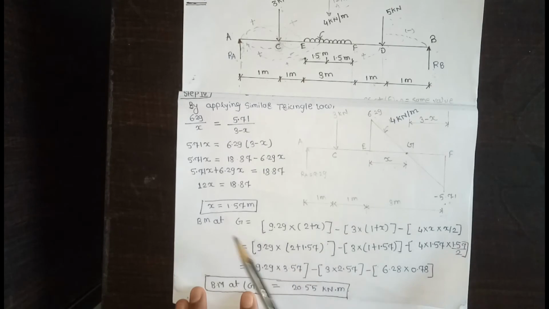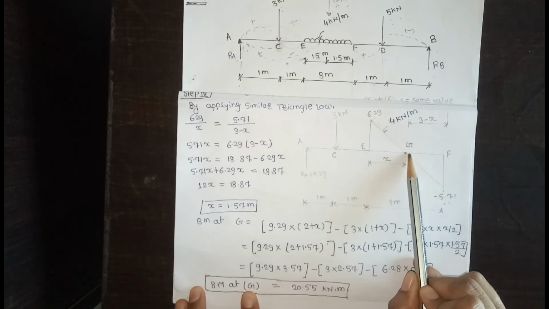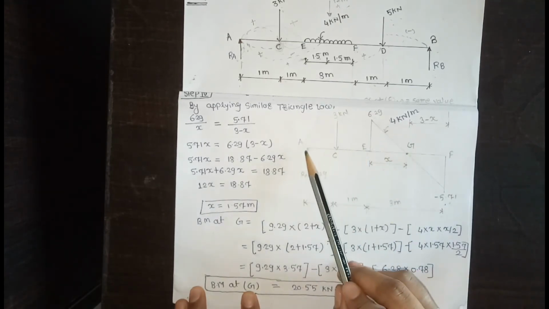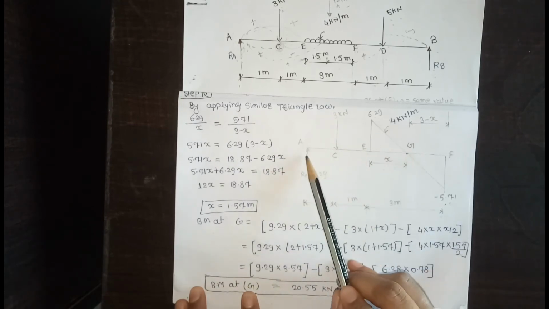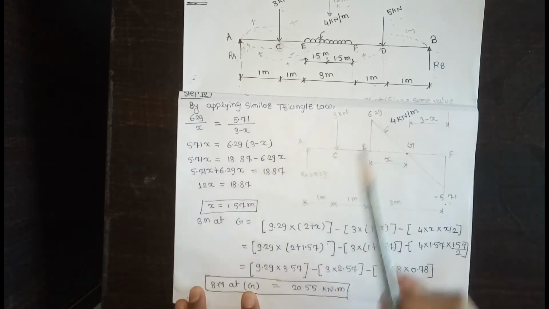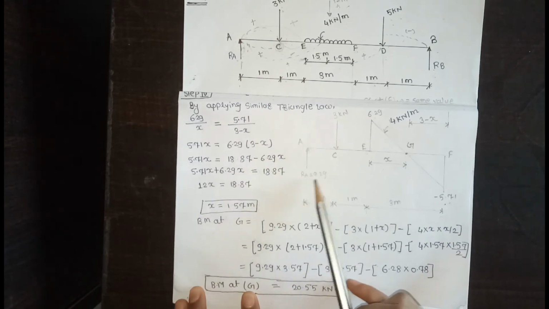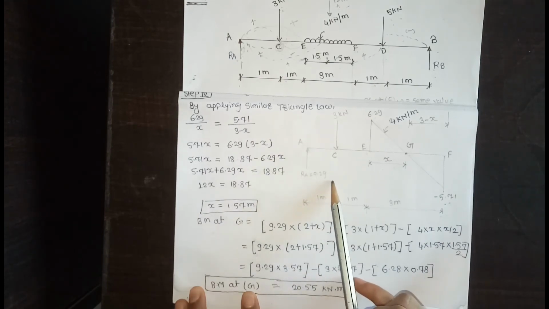Then the bending moment at point G is equal to, how many forces act in the left section from point G? 1, 2, 3. The first force is RA, means RA is equal to 9.29.